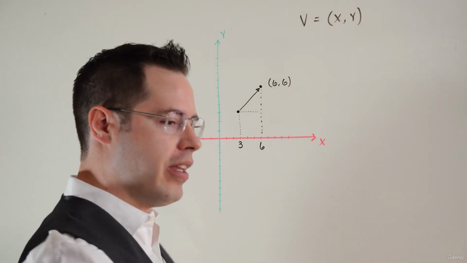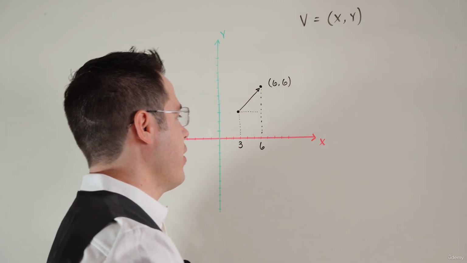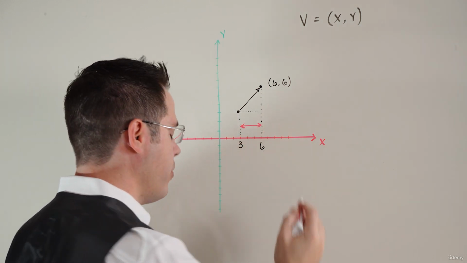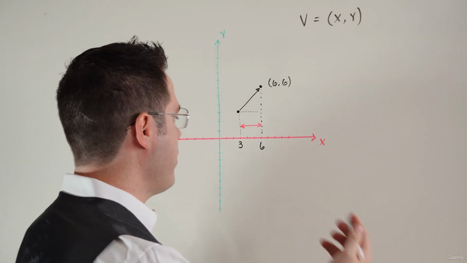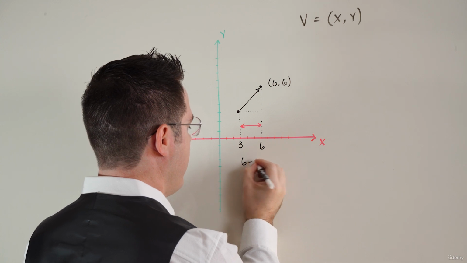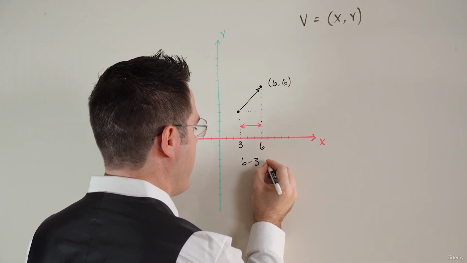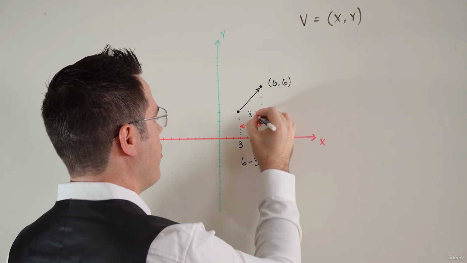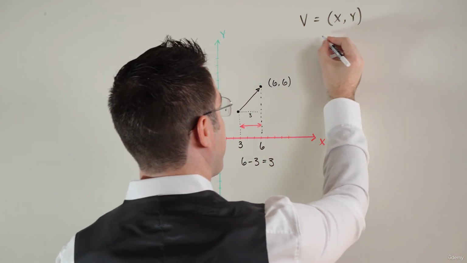So to calculate the x component of the vector, we simply need to calculate this distance here. Now, if you're intuitive, you may see that it's 3. But the formula is to simply take the x-coordinate of the head, which is 6, and subtract the x-coordinate of the tail, which is 3. And that gives us 3. And so we know the x-component of our vector is 3.